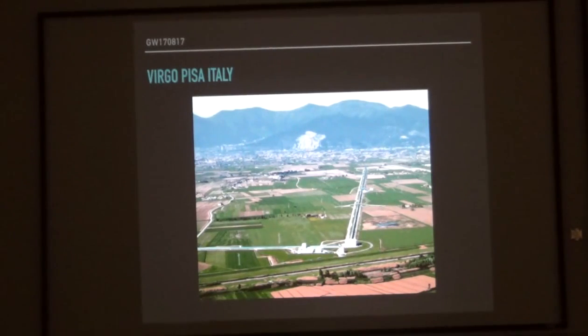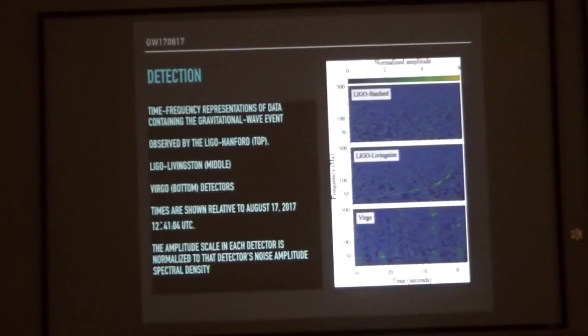What does reasonably well mean? 28 square degrees. All right, but it turns out that this is actually much more doable than you might think, especially when you've got lots of people involved. So these are the actual events, and it turns out that with the Virgo one, you were able to infer what part of the sky it should be in.